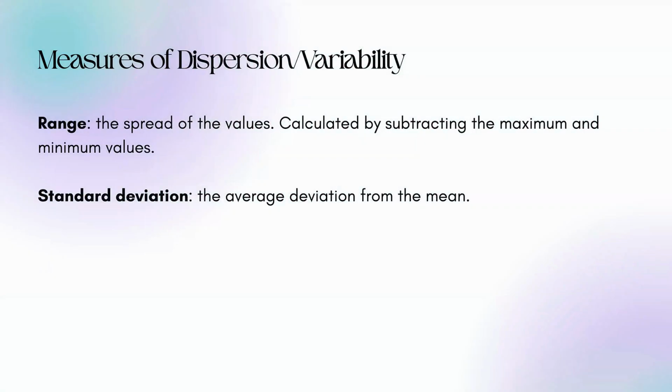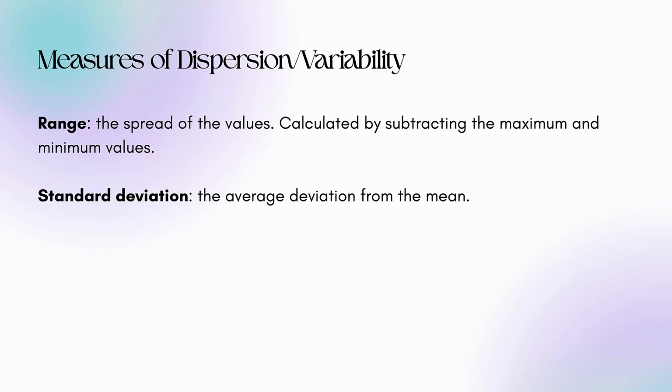Measures of variability or dispersion are range and standard deviation. Range, you've heard this before, is just the spread of values, calculated by subtracting the minimum value on that variable from the maximum value on that variable. And then the standard deviation is the average deviation from the mean.